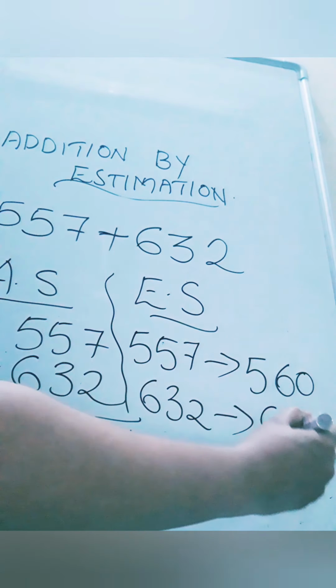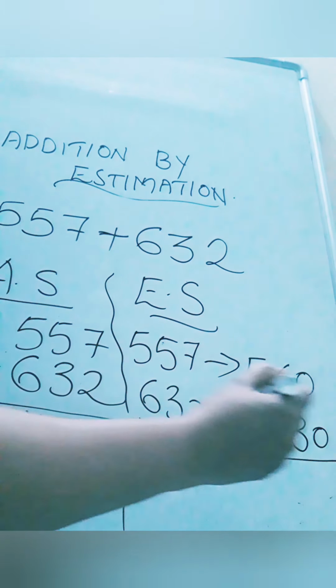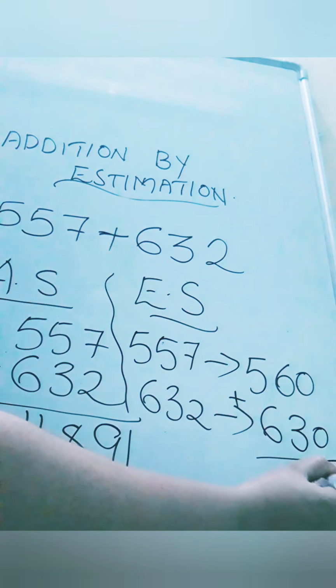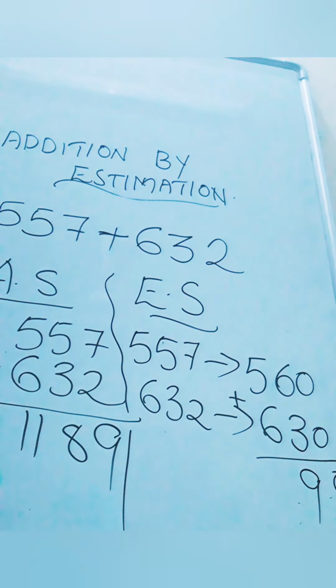So 630. Now we can add. 0 plus 0 is 0. 6 plus 3 is 9. 5 plus 6 is 11. 1190.